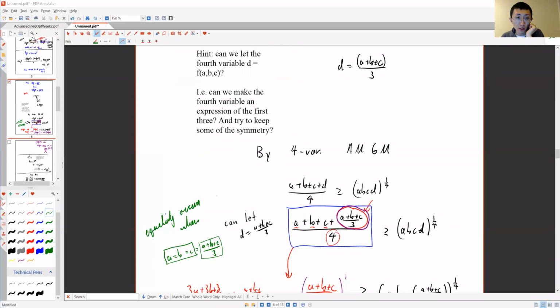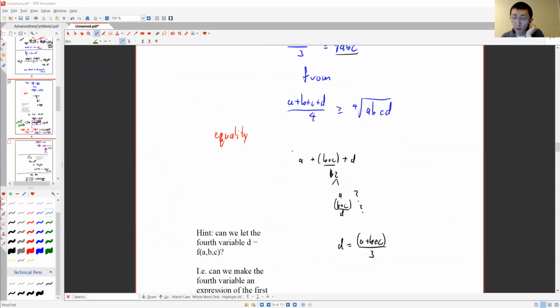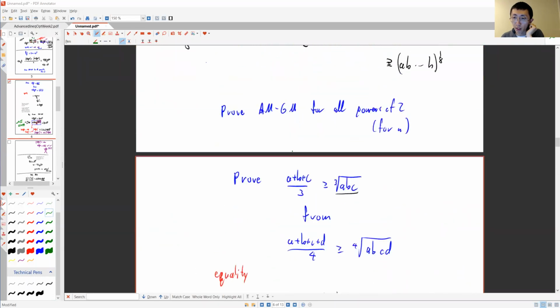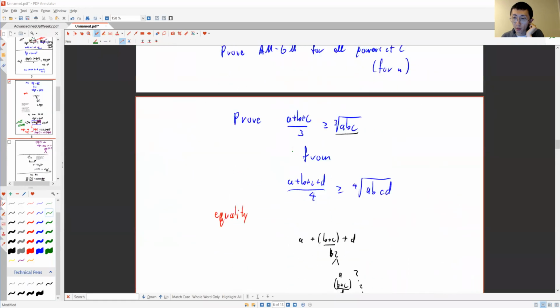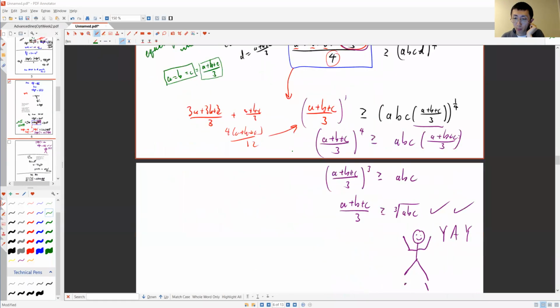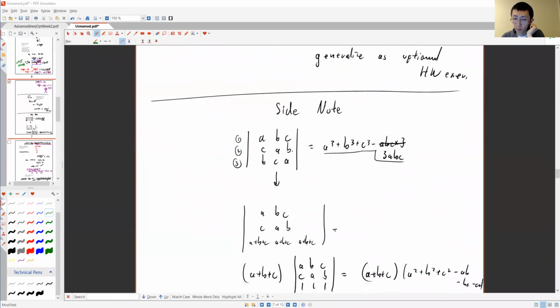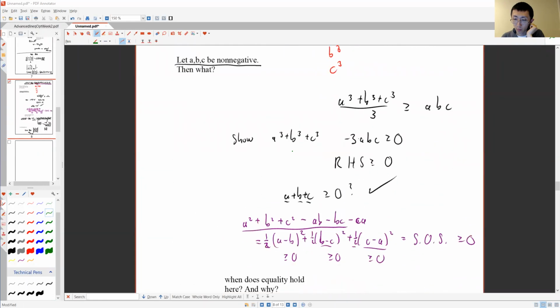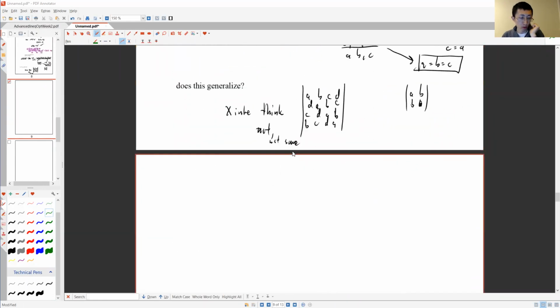Yeah, so I think we checked the equality case and we were able to prove AM-GM and check the equality case for all steps. So basically we proved AM-GM for all variables.